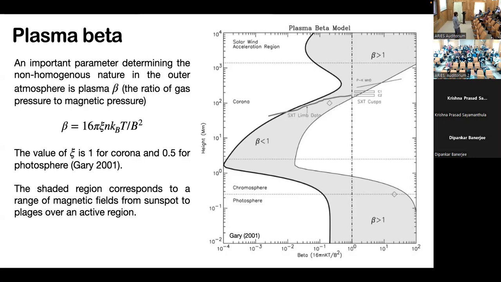Gas pressure, right? If you consider 16 for corona, you have both ion pressure and electron pressure. It is a fully ionized medium. So then that N corresponds to ion density and electron density. Total pressure, yes.